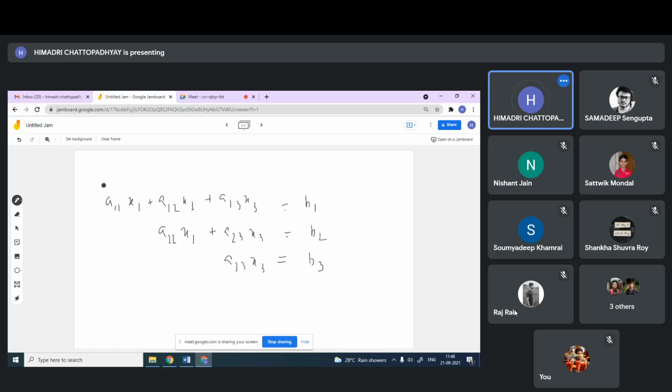Then how do you proceed? As I said, the last line implies x3 is equal to b3 by a33.